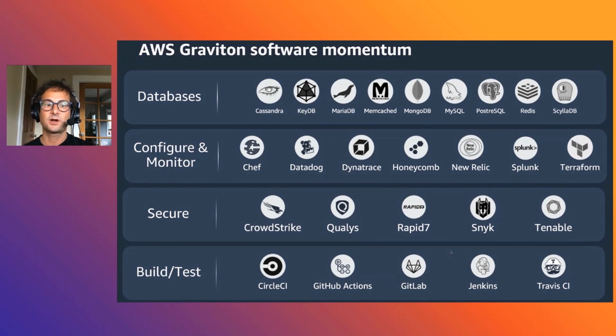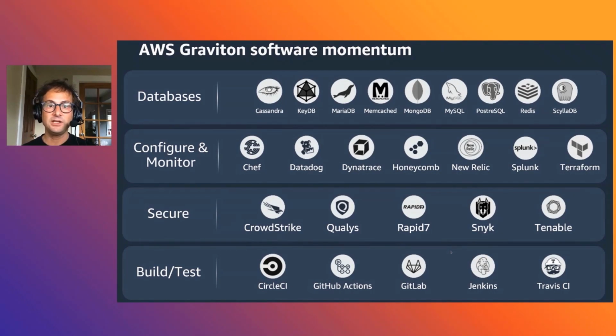In terms of configuration and monitoring software, same thing. We have support from many different vendors. Datadog was among the ones that were early adopters. Honeycomb, Liz is going to talk more about that today. They've done an amazing job at both supporting the Graviton2 based instances, but also using them to offer their services.